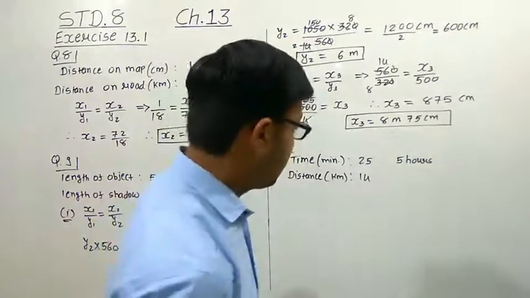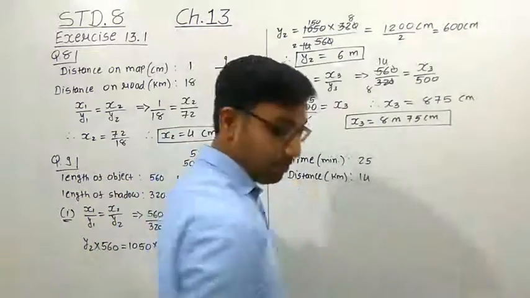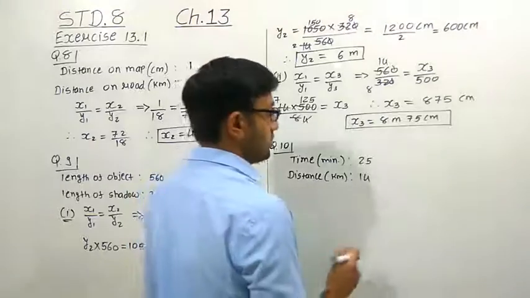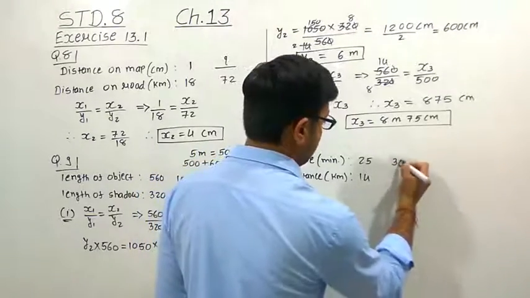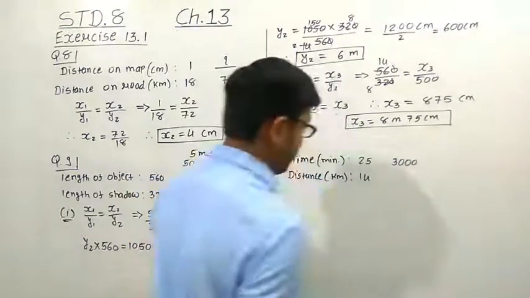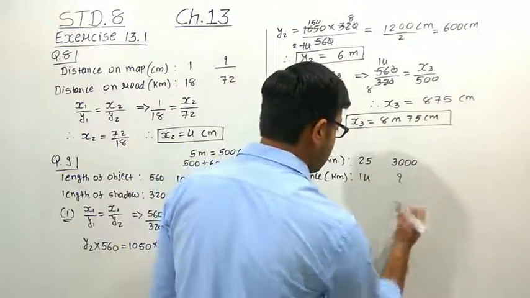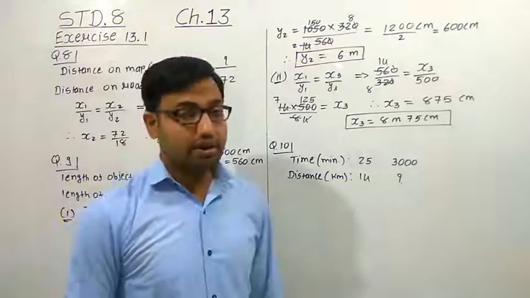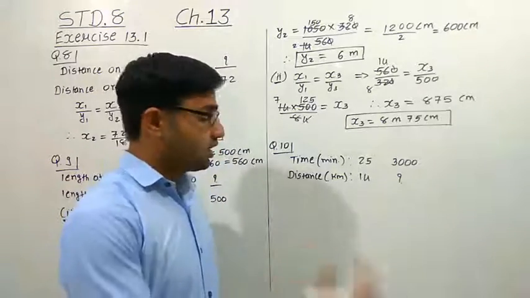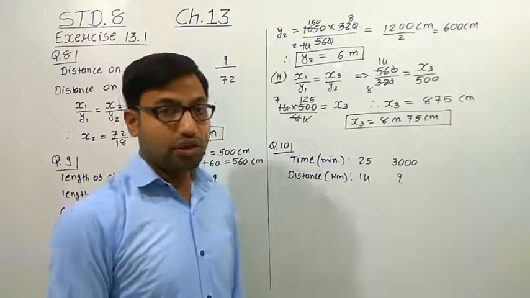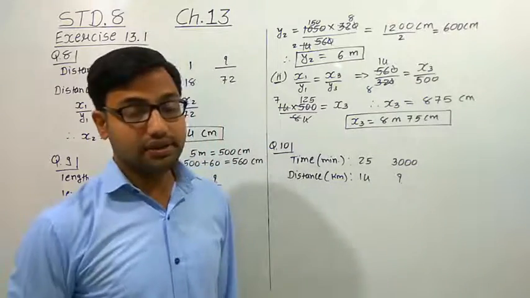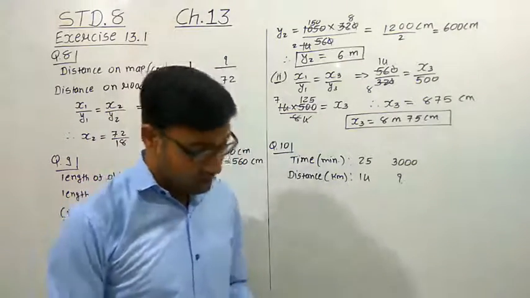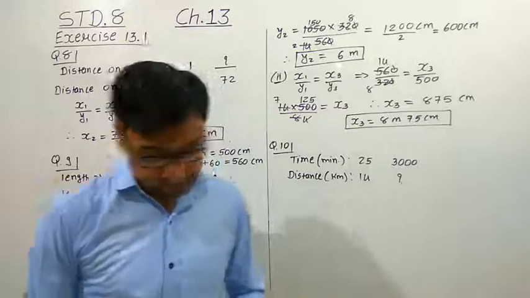So 6 5s are 30, 300 minutes. Here it is direct proportion, because as the distance increases, the time taken to cover that distance also increases. So these two quantities are in direct proportion, right?